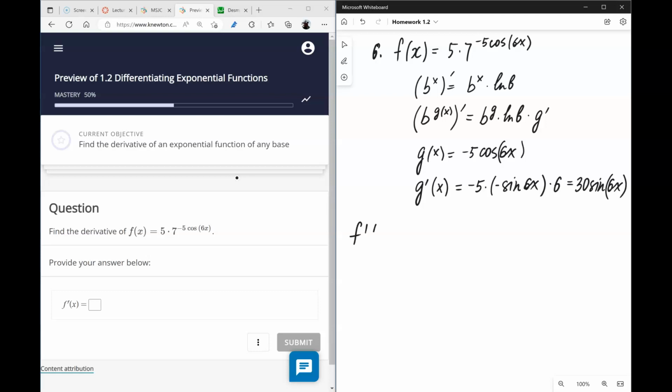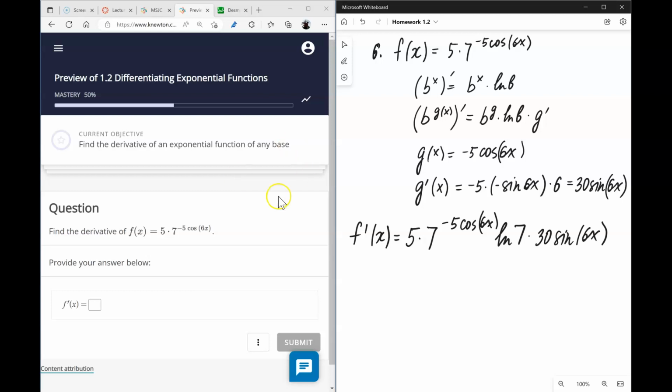So derivative of f is going to be b. So the constant doesn't affect differentiation, so I'm just going to write it out. Now it's going to be b, which is my 7, to the power whatever that function is, times ln of 7. And now I'm going to, by the chain rule, multiply by the derivative of g, which is 30 sine of 6x.